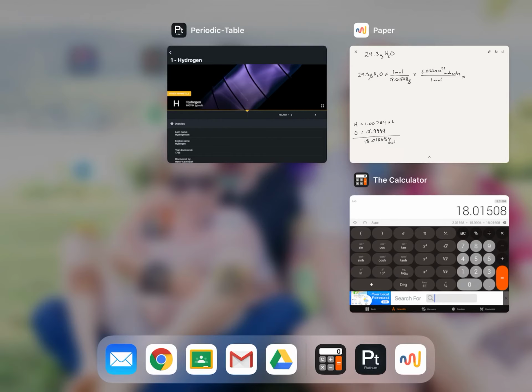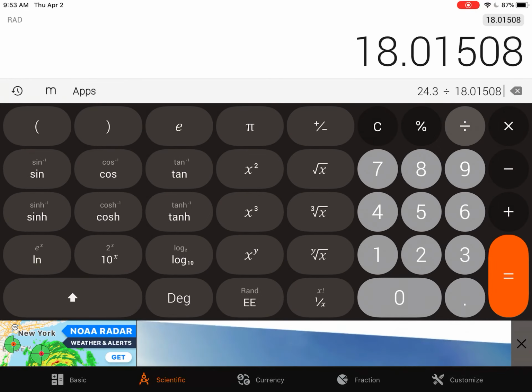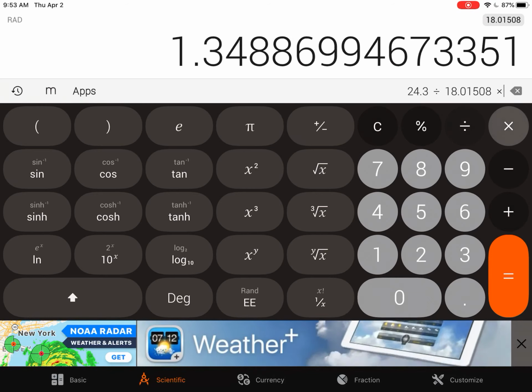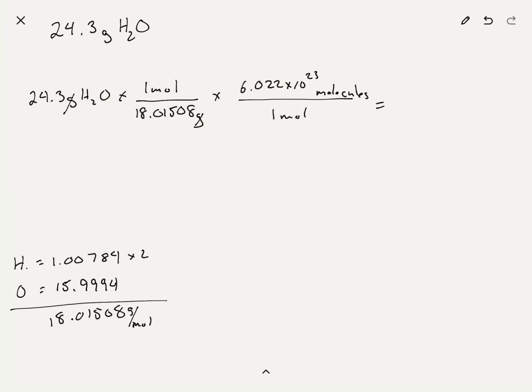And then all we have to do is punch it into the calculator. So we're going to take 24.3, divide by the molar mass of water, which we still had in our calculator there. And then after that, we're going to multiply by Avogadro's number here.